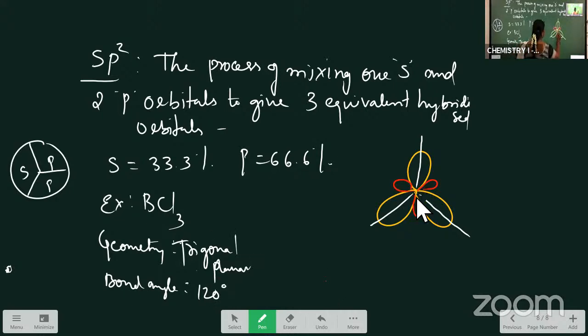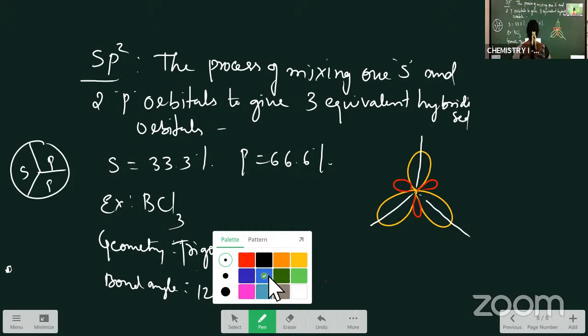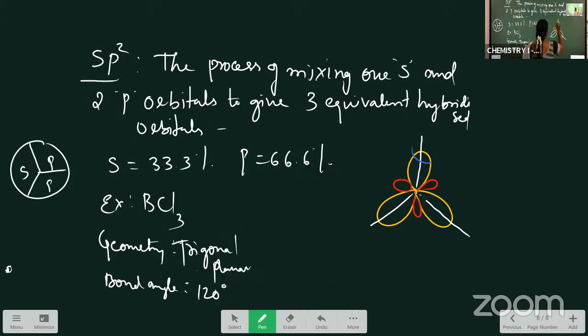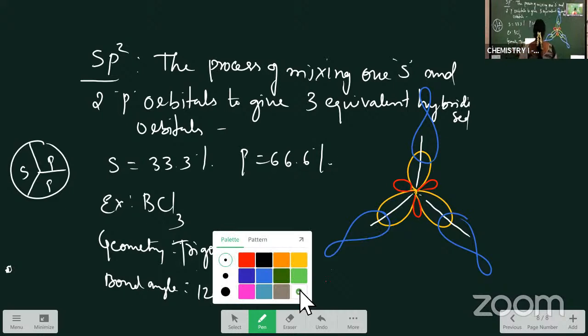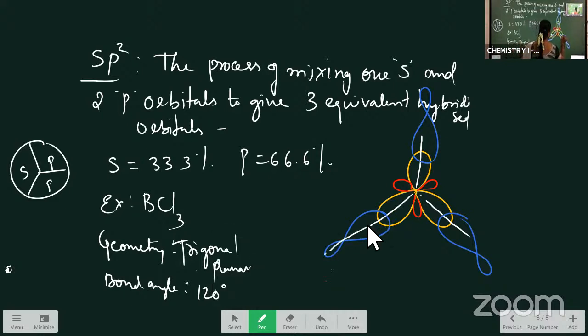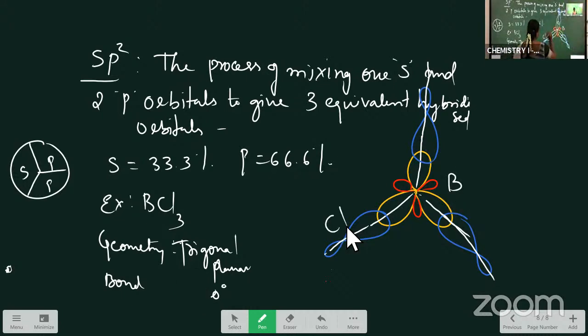So we'll write the hybridized orbitals. This is the sp hybridized orbital. Now this sp hybridized orbital is overlapping with pz of chlorine atoms. This is Cl, this is Cl. Okay.